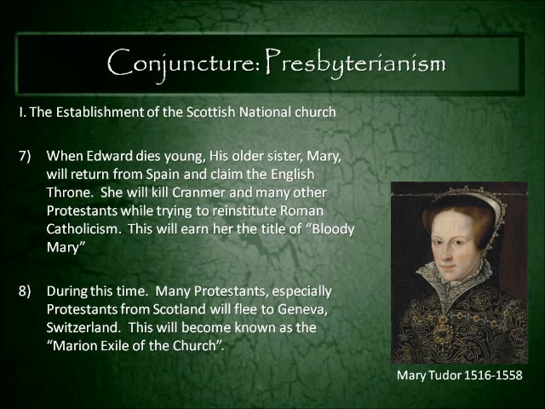Now, keep in mind that the Reformation was getting not only to England, but also to Scotland. But Mary I, as queen over both of these realms, will begin persecuting Protestants in both England and Scotland.